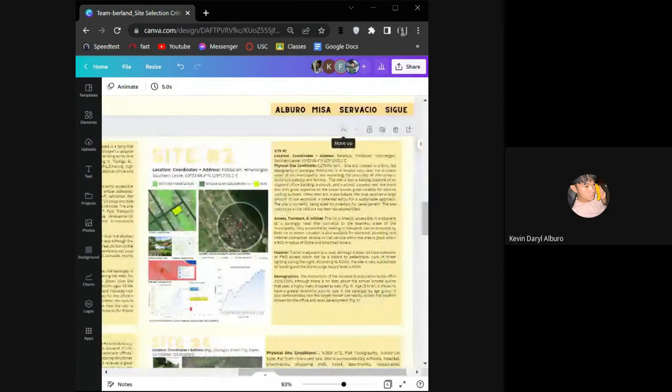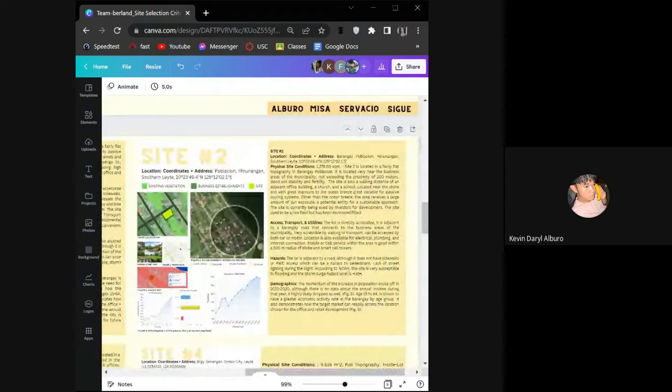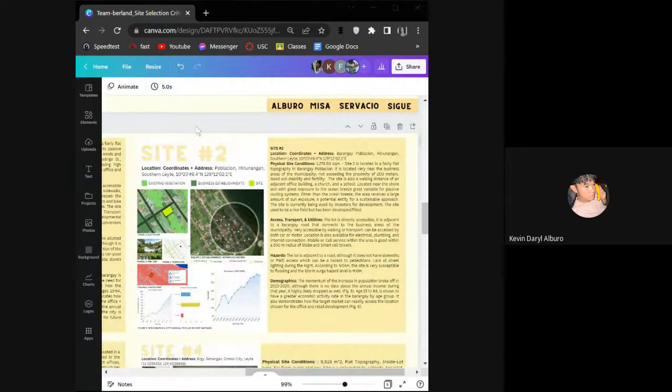Then site 2 is located in Poblacion, Hinunangan, Southern Leyte. This is a developing municipality. For the physical site condition, it is located in a fairly flat topography. Although the soil is kind of filled, it used to be a rice field, so there's no issue. For access and transport, it is accessible for both pedestrians and vehicles.